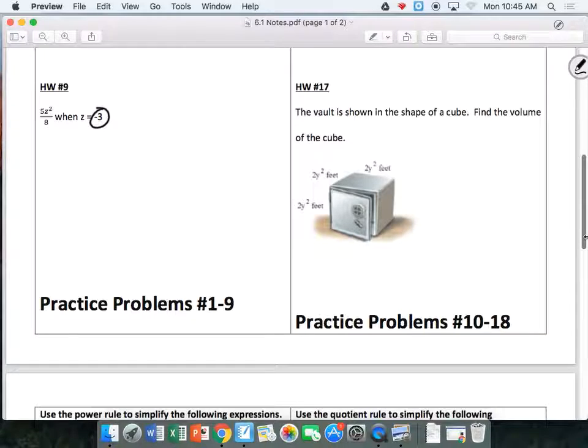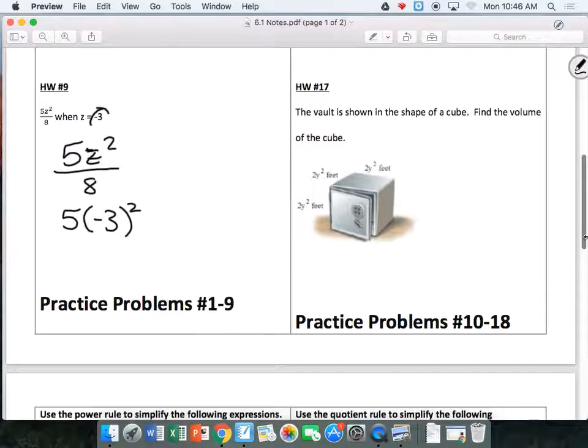So here's my original problem, and I'm going to substitute negative 3 in place of the z. That should be squared, not cubed. Sorry. So I'm going to do 5, and then where the z is, I'm going to substitute negative 3 and then square it.